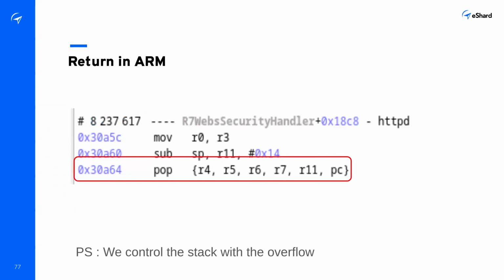So in ARM, returns are usually done this way. You pop from the stack onto the PC, and because we control the stack with the stack buffer overflow, that means we can control the PC and jump wherever we want in already existing code.